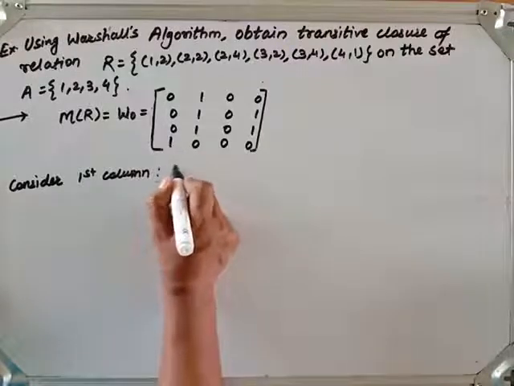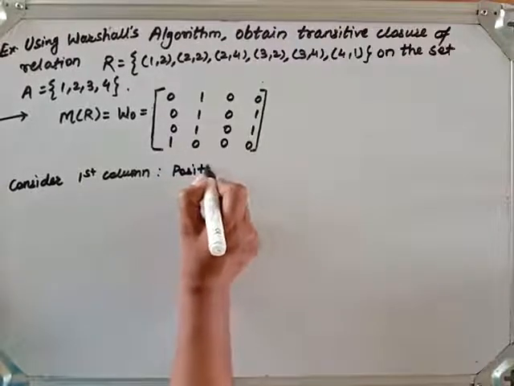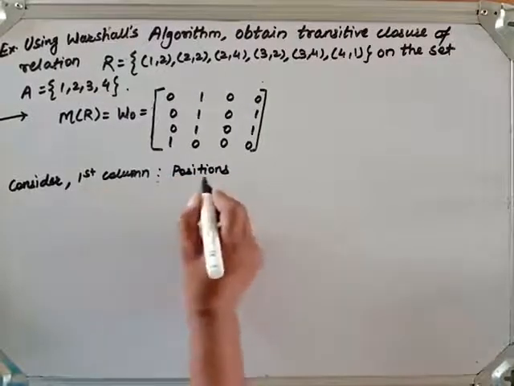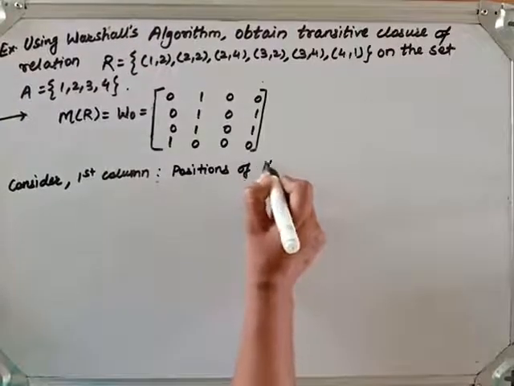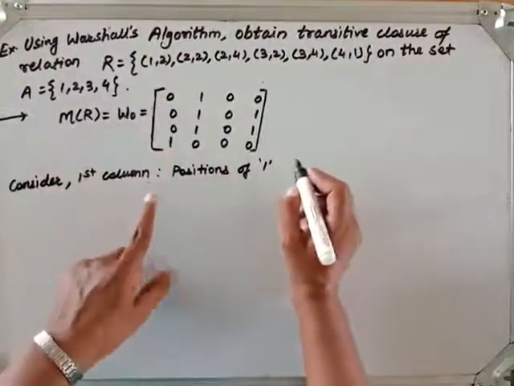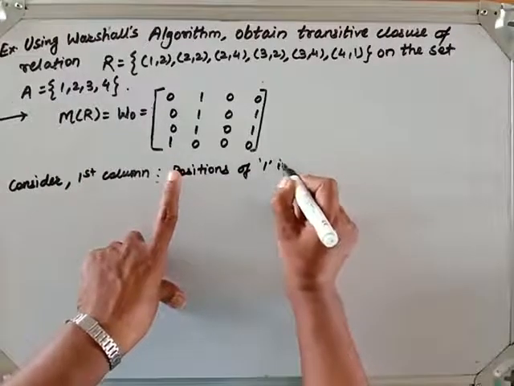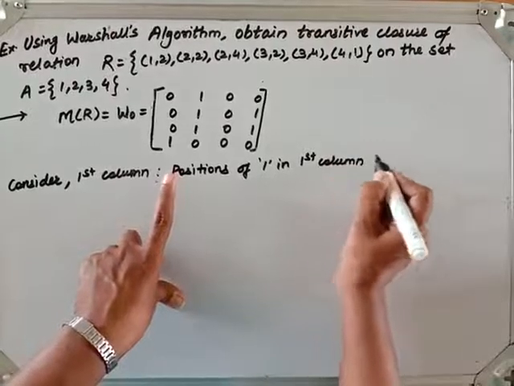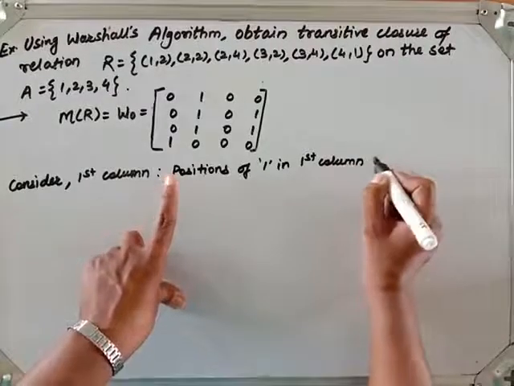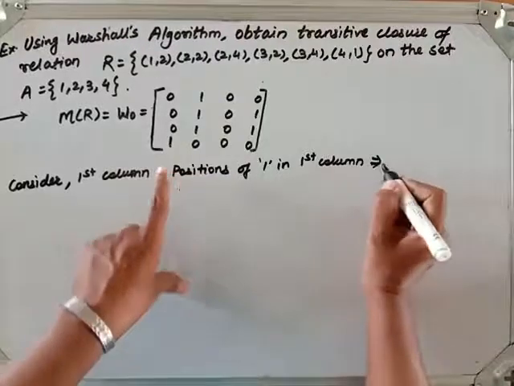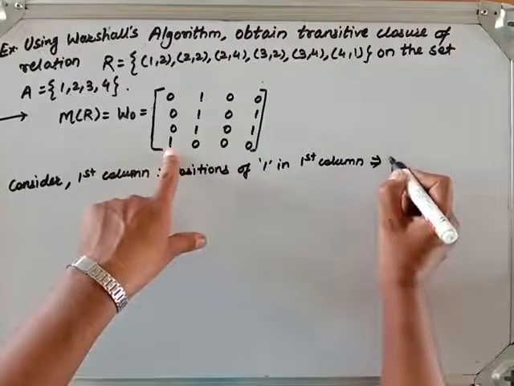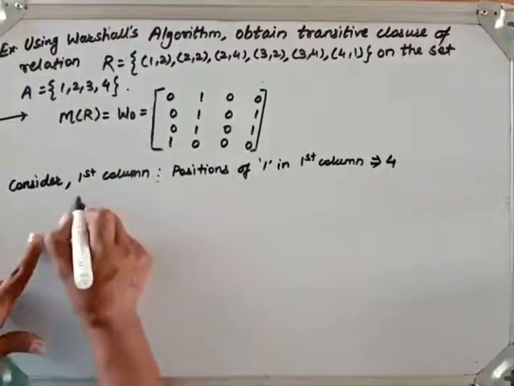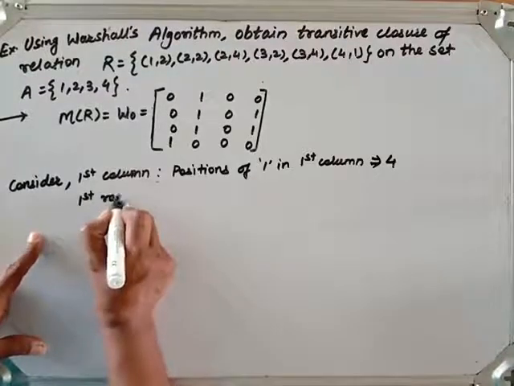The position of entry 1 in the first column is the 4th. Now let us consider the first row of W0.